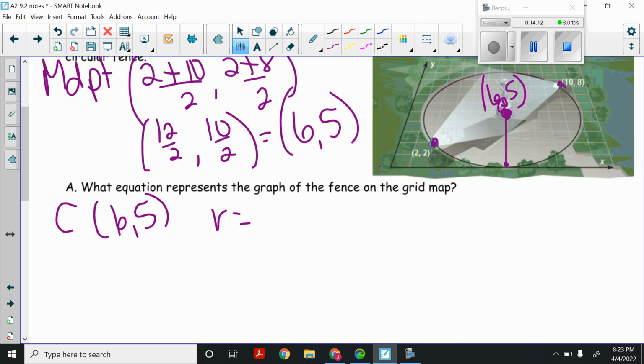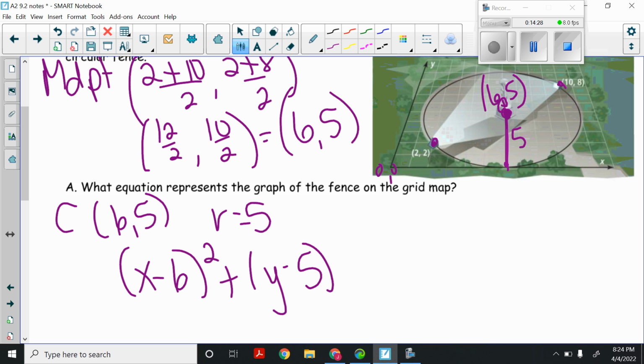I see this is the point (0, 0) right here, right? So I have gone down 5 units. So my radius is 5. So the equation is (x minus 6) squared plus (y minus 5) squared equals 25.